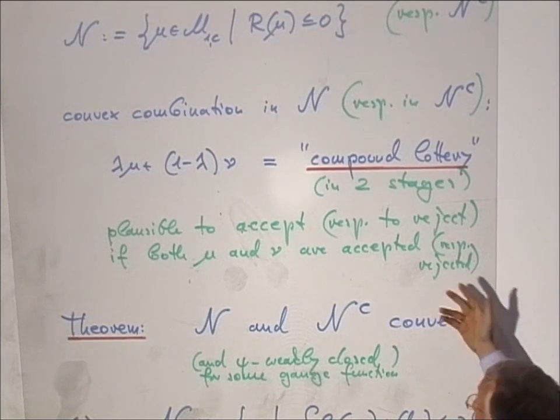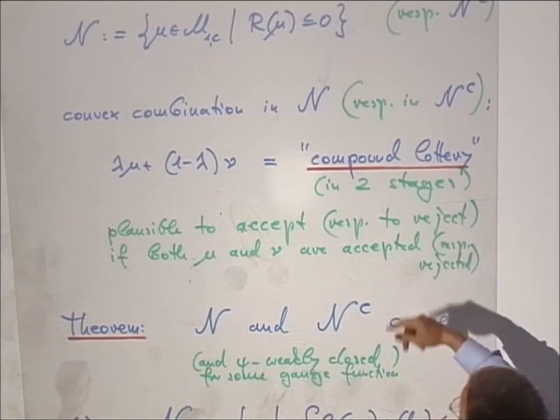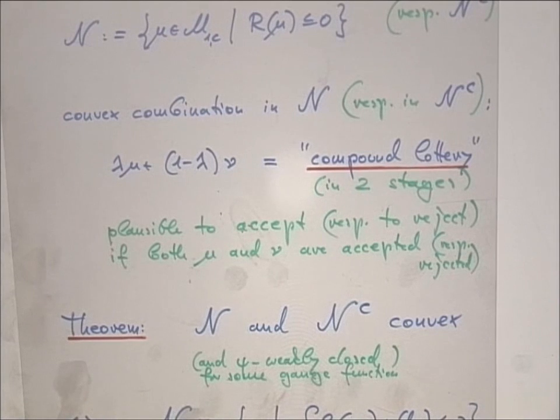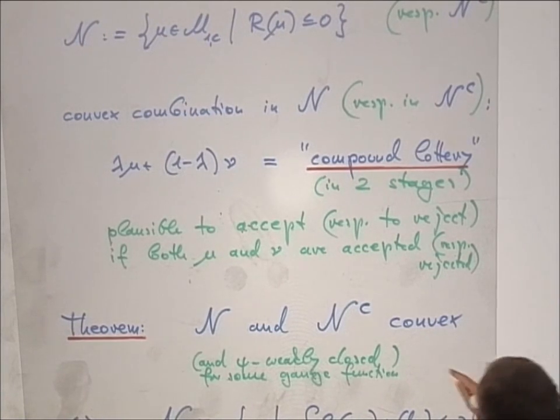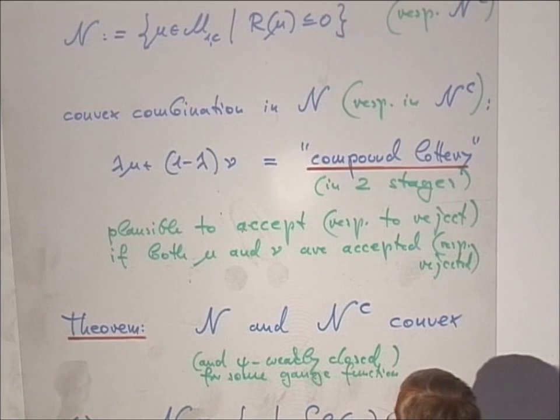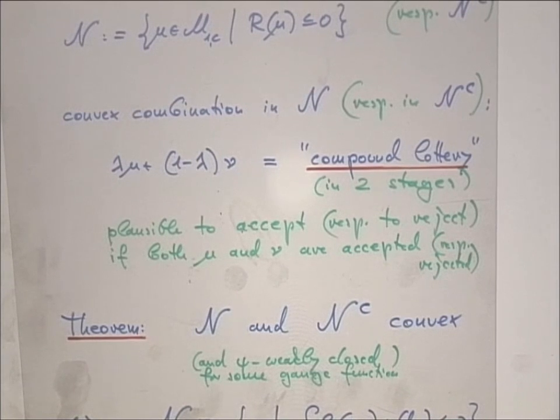And it's equally plausible, to some extent at least, to say the same thing for the rejection set. If I do this compound lottery, I flip my coin, and in both cases I will arrive at a lottery which is not acceptable, why should I accept it now? Now, if we introduce this condition and some technical assumptions, then one can show that the acceptance set must be of that type with respect to some loss function little l, and that means I am down to a risk measure which is of the type expected loss.